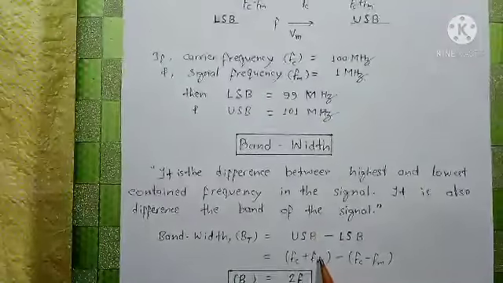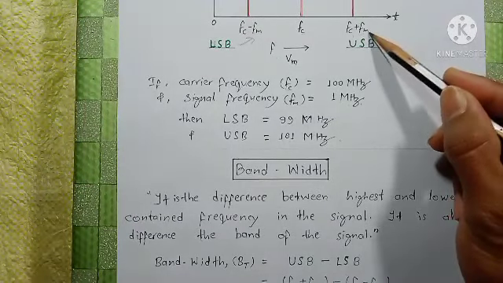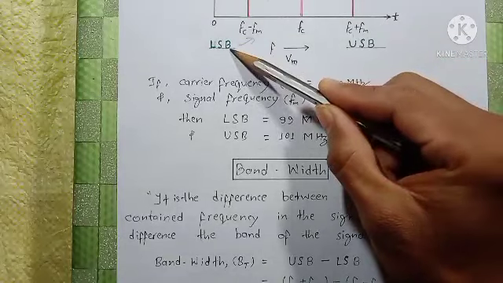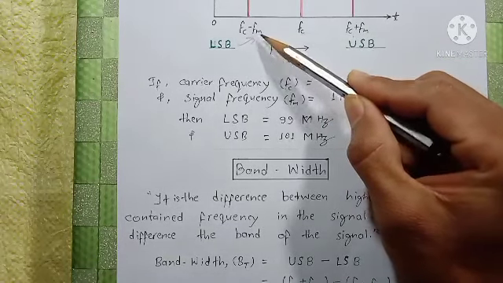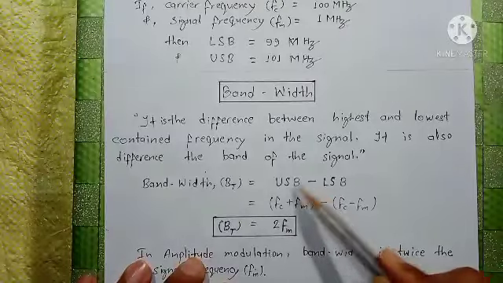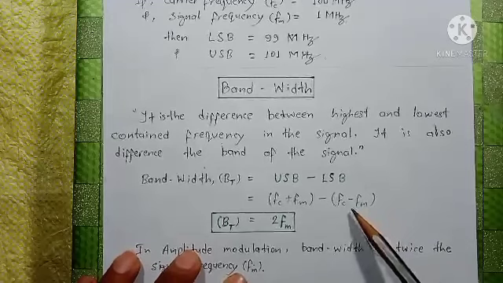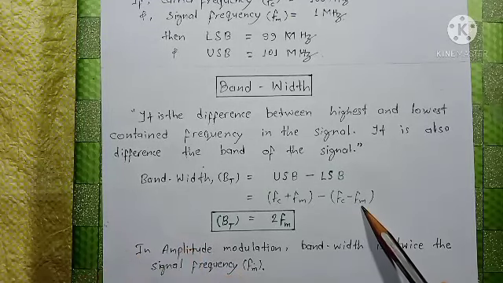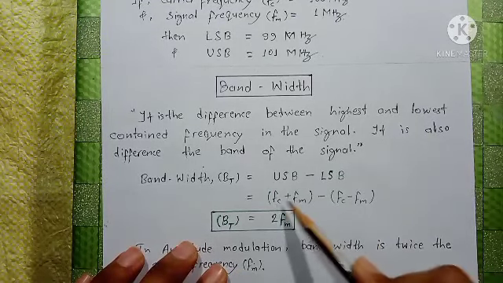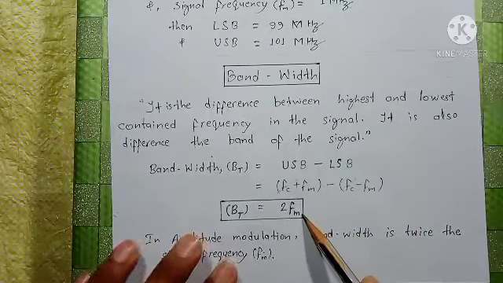We know that USB is equal to fc plus fm, and LSB is equal to fc minus fm. So USB minus LSB is fc plus fm minus fc minus fm. Here fc cancels out, and we will get 2 fm.